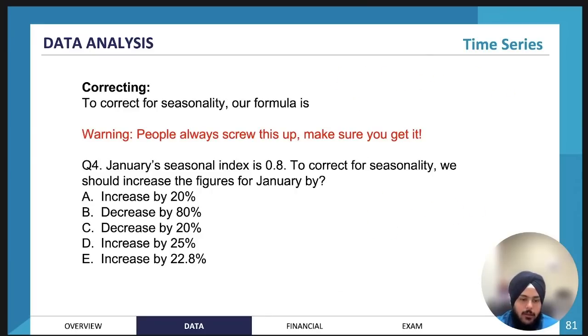My bad. It's going to be 100 over 0.8, not 1 over 0.8. It's 100 over 0.8 minus 100, which is 125 minus 100, which is 25. So we'll get positive 25. What that would mean is that we need to increase by 25% in order to correct for the effects of seasonality.